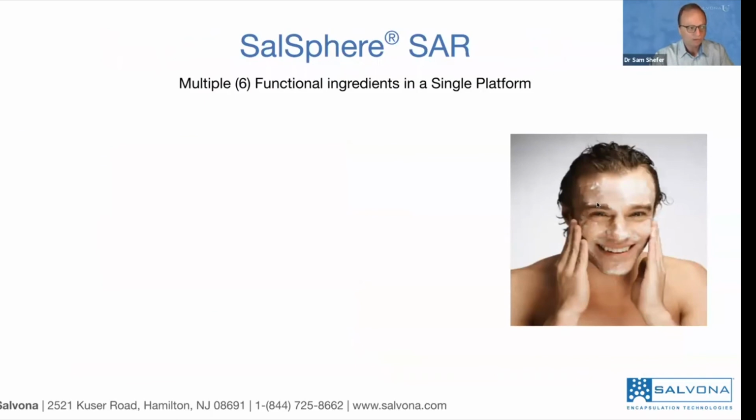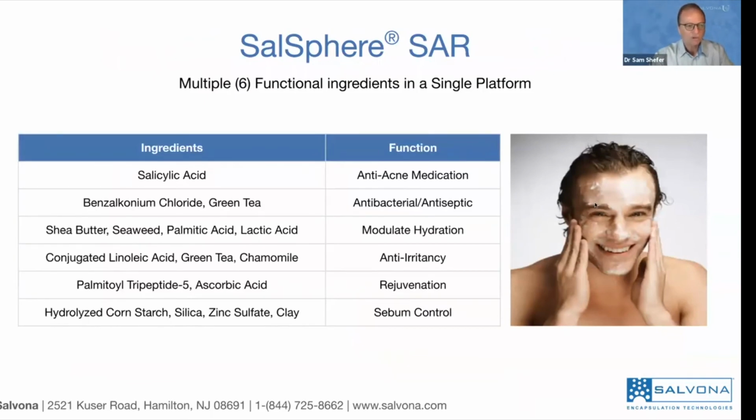So what do we have? We have 6 groups of ingredients, all encapsulated in the same matrix system. The first one, of course, the medication itself, is salicylic acid. But then we have supporting ingredients, and sometimes they have double function. For example, benzalkonium chloride is used as an antibacterial and also as a preservative.